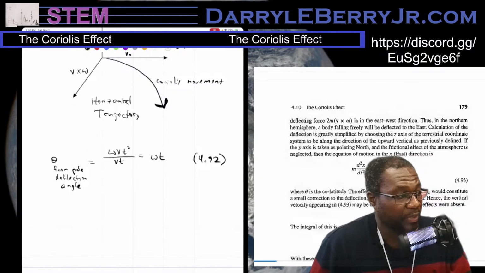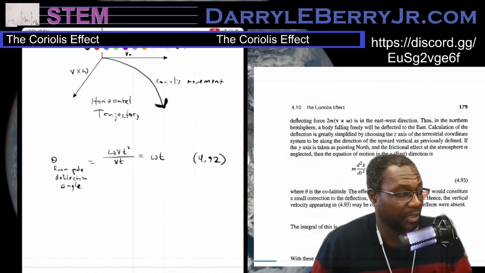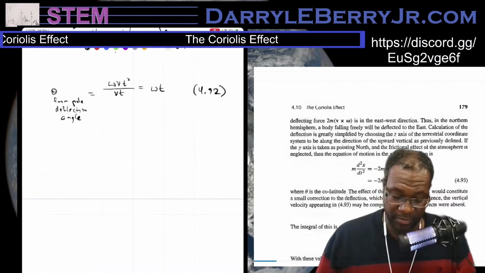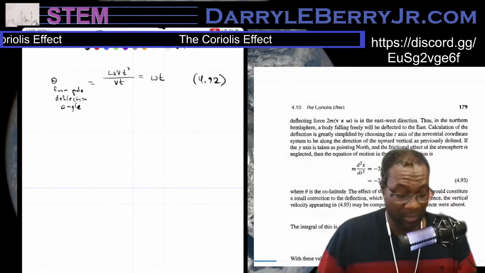Calculation of the deflection is greatly simplified by choosing the z-axis of the terrestrial coordinate system to be along the direction of the upward vertical as previously defined. If the y-axis is taken as pointing north, all right, so this is something to note.